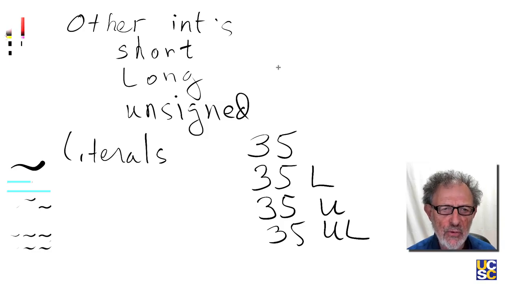And then there's a further type, which is called unsigned. In unsigned, you want the data to only be interpreted as positive. So in effect, if you have 4 bytes and you only interpret it as positive, you now have a range from 0 to a little more than 4 billion.